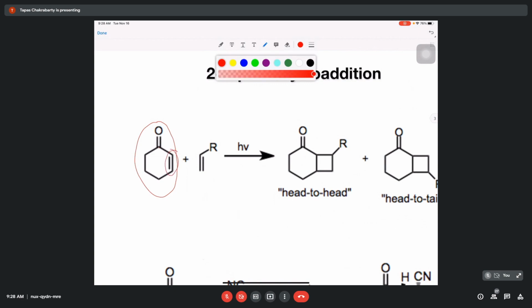So with this, you mix another molecule, basically an ethylene molecule, but with a substitution group. This substitution group could be of different types.